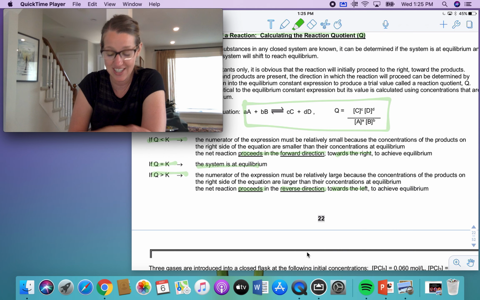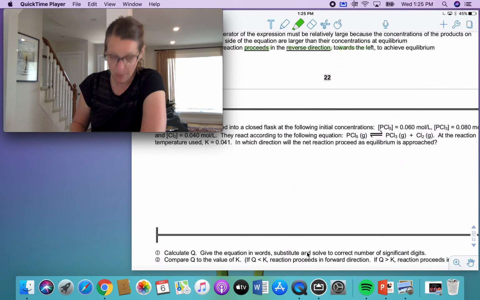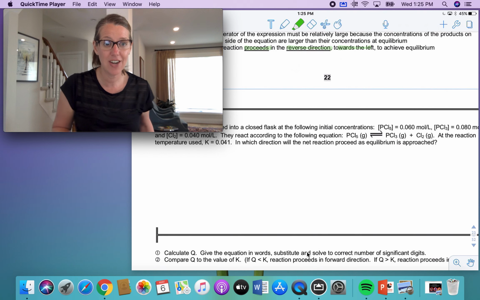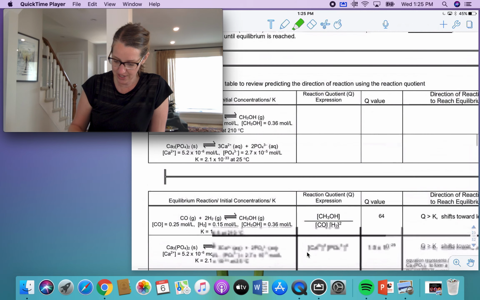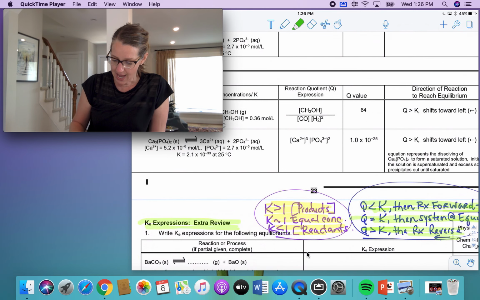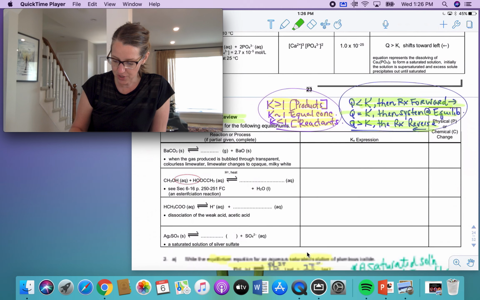Okay, so it's really just the second mathematical part, but we can't call it K unless we know that it's at equilibrium, and this is what chemists would actually do. Is it at equilibrium yet or not? Do a little calculation using the concentrations and figure it out. Okay, so your answers are here, here, here, and here. And that takes you all the way to page 24.